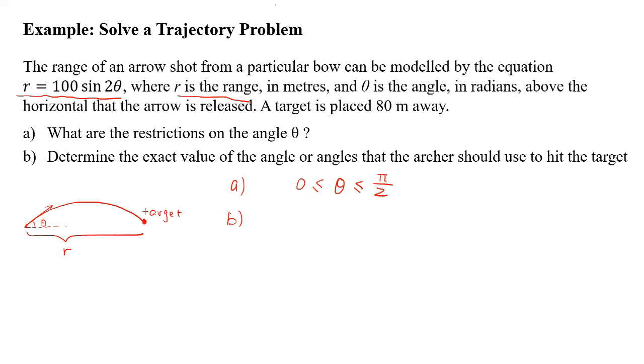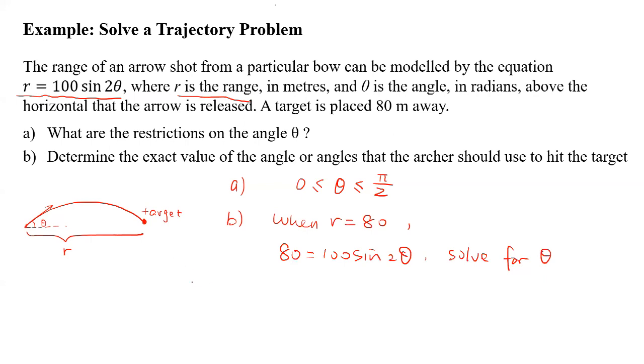Next, determine the exact values of the angle that the archer should use to hit the target. Okay, so this time we know that r is 80 meters away, right? So when r is 80 meters, we put the 80 meters into the equation, and then we can solve for theta, right?